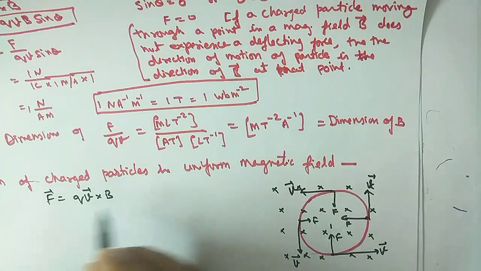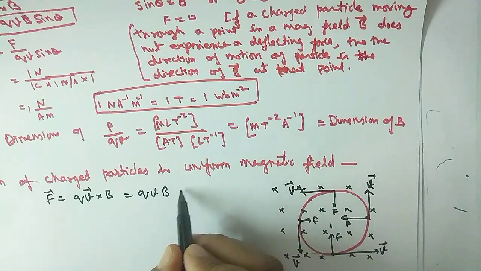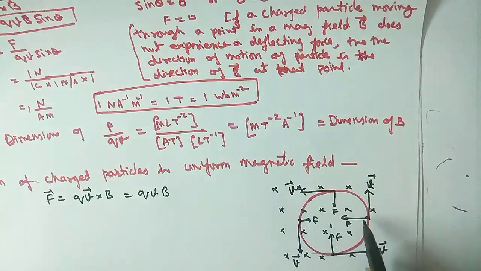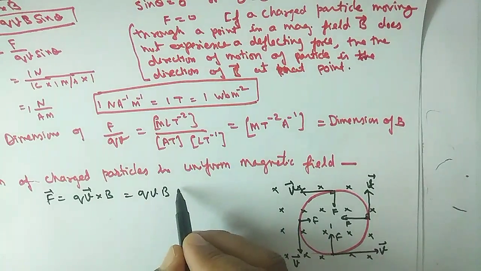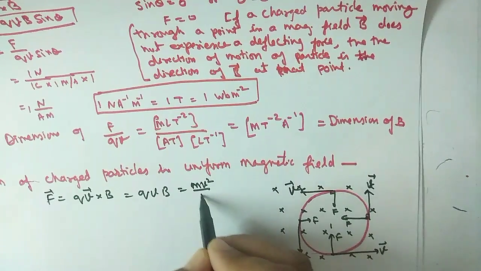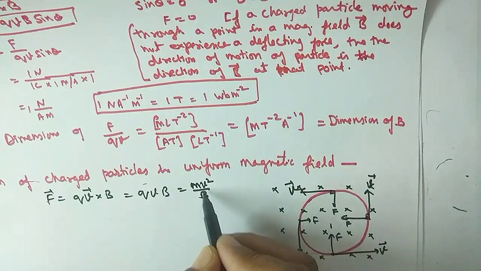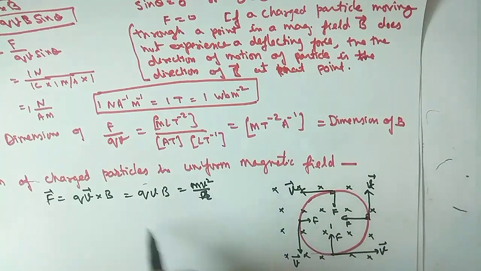So here we can write F is equal to QVB. I'm not taking sine theta here because theta is equal to 90 degrees, it is perpendicular, since the particle enters perpendicularly in the magnetic field. So it is equal to the centripetal force, mv square upon r.